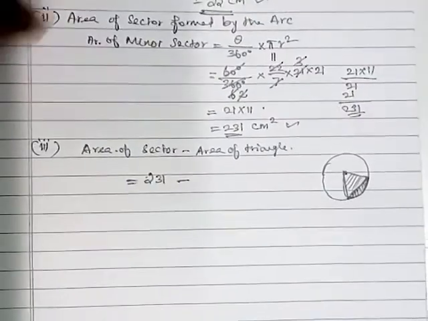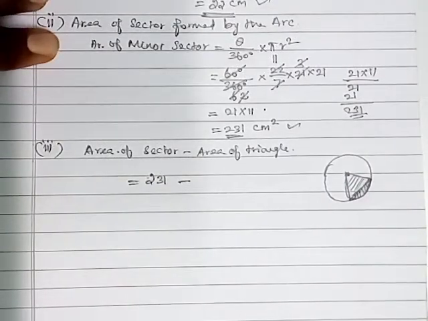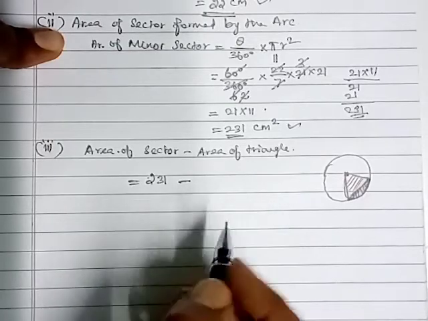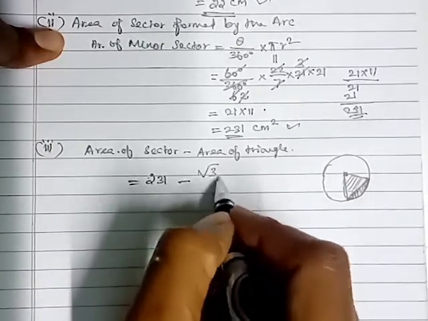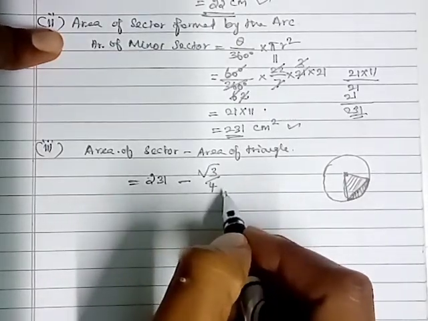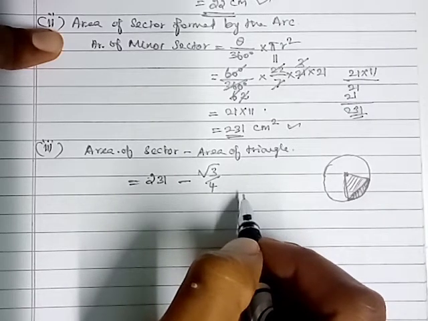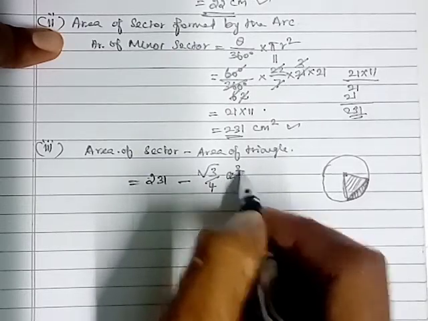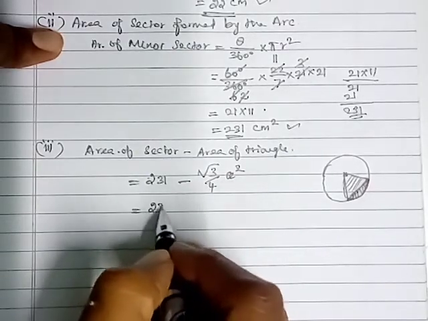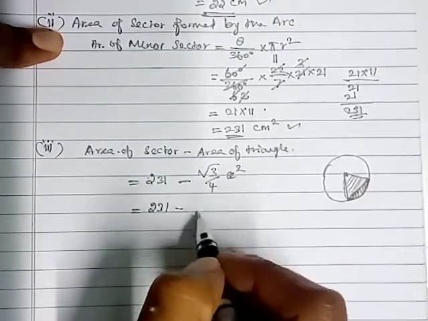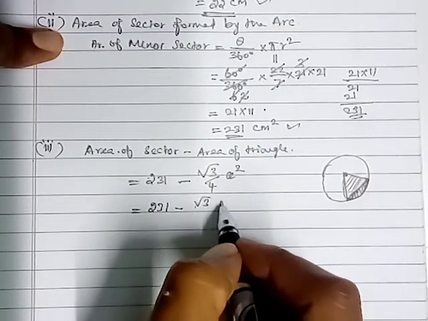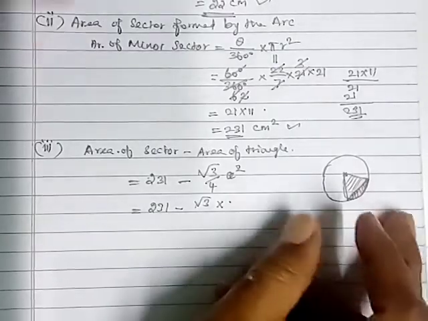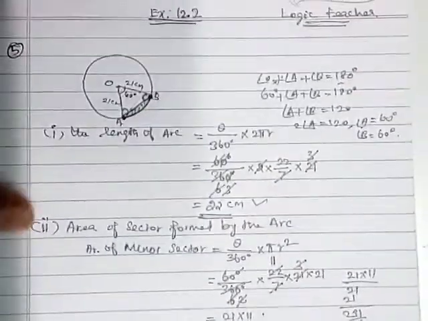For an equilateral triangle, we should use the formula root 3 by 4 A squared. For a right angle triangle, we used half into base into height, right? For equilateral triangle, we should use root 3 by 4 A squared. So this is 231 minus root 3 by 4 A squared. What is A? A is the side of the triangle.